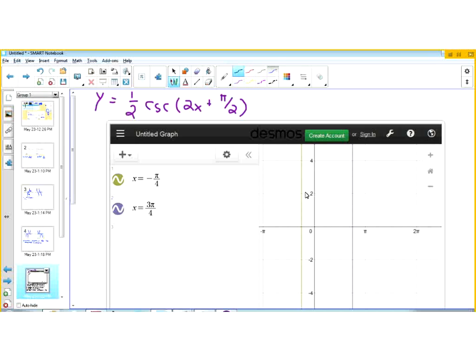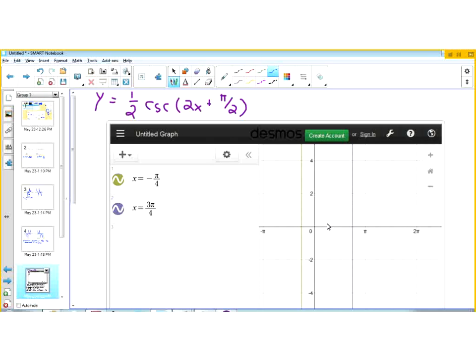This would be the midpoint. Wait a second. The midpoint of the interval from negative pi fourths to 3 pi over 4. To find the midpoint, you add the two together, which would be 2 pi over 4, and then halve it. So it would be pi fourths, I beg your pardon.